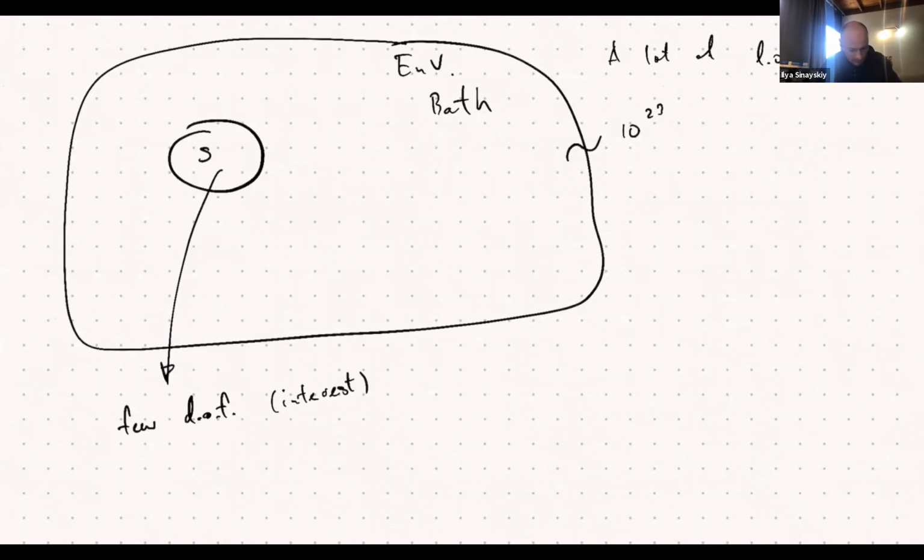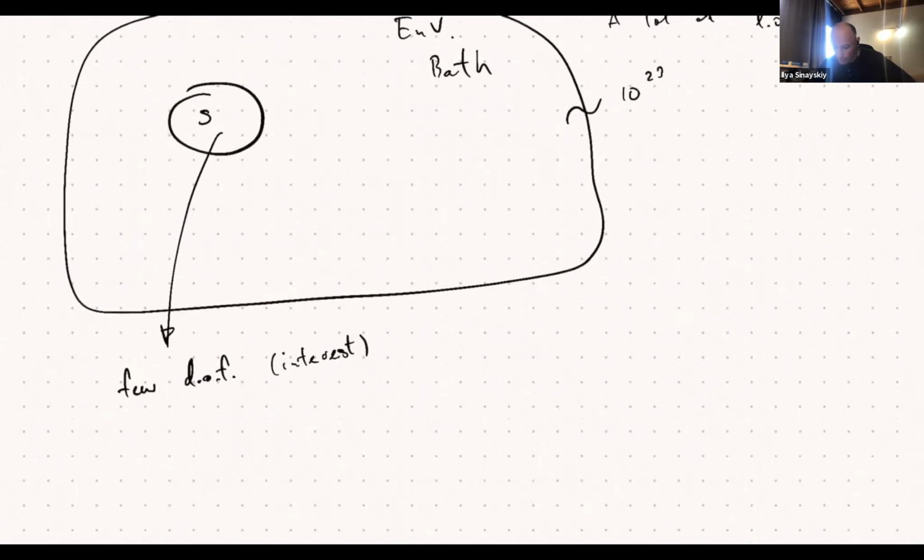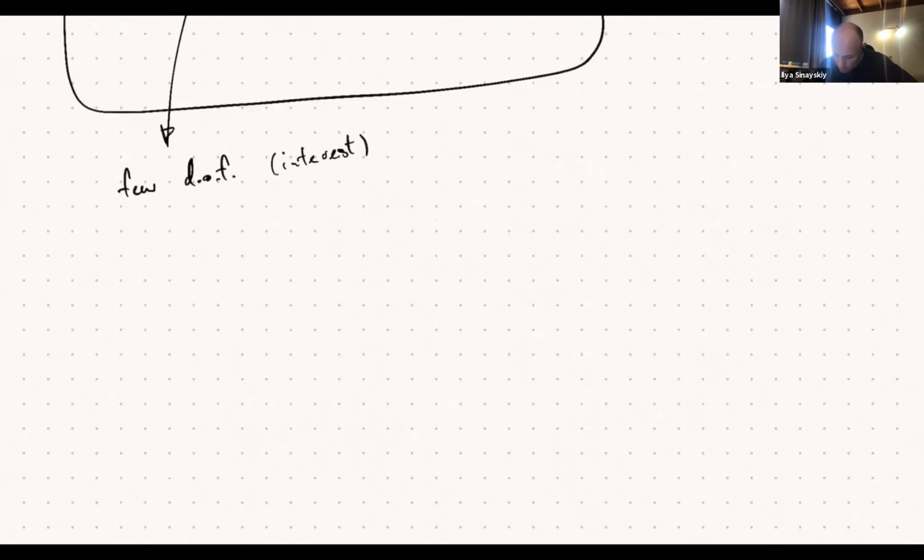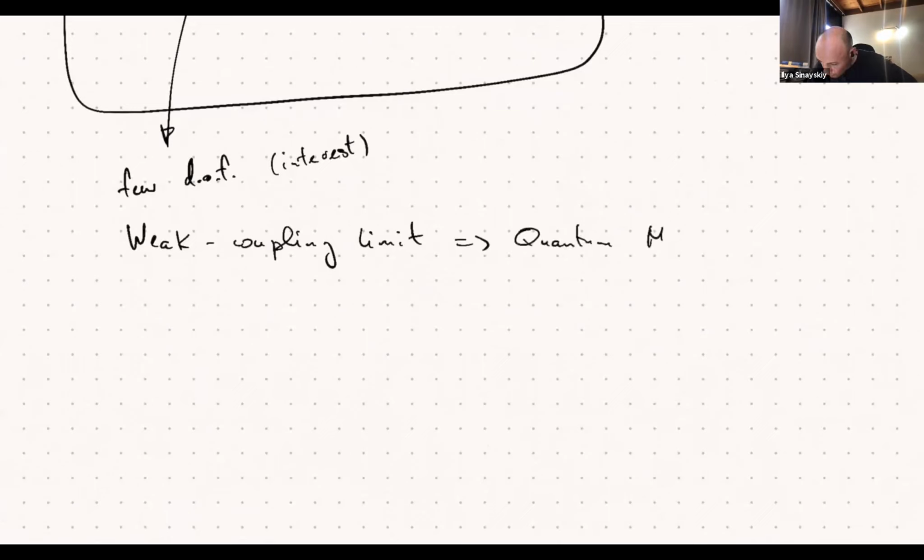Okay, so what are the typical assumptions we are going to make? Most of these lectures are going to assume something called the weak coupling limit, which is going to lead us to something called the quantum Markov master equation.